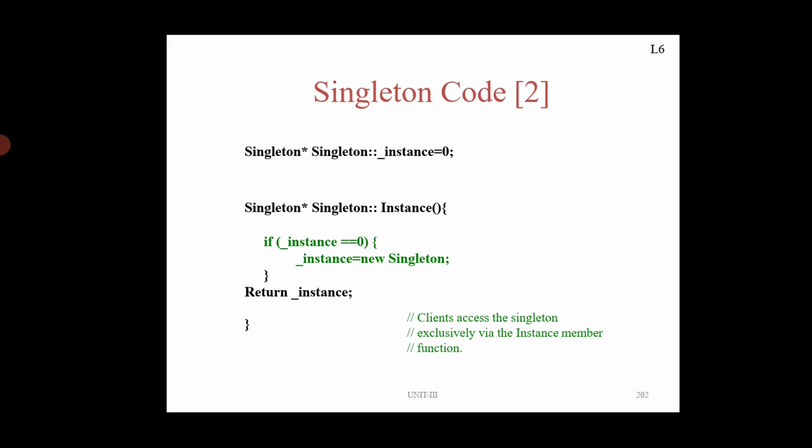What is the meaning of this code? Clients can access the singleton exclusively through the Instance member function. So the variable underscore instance is initialized to 0, and the static member function Instance returns its value. Listen carefully: first of all, we need to initialize the variable underscore instance to 0.